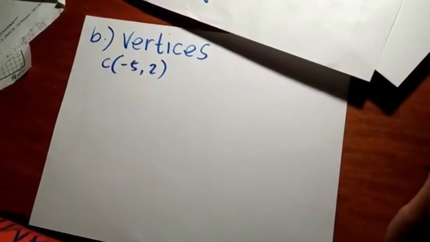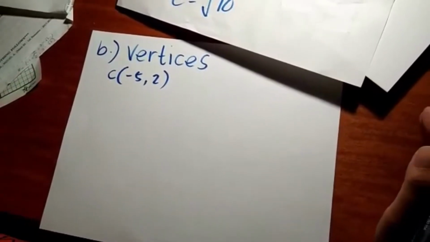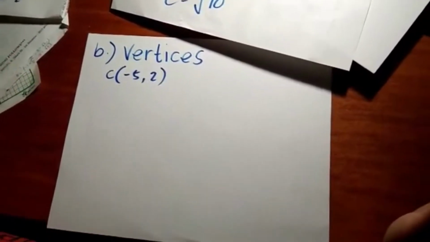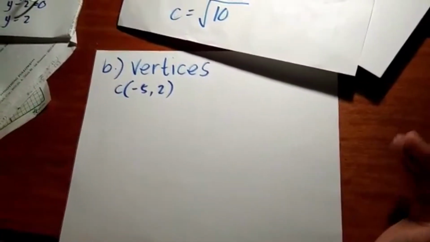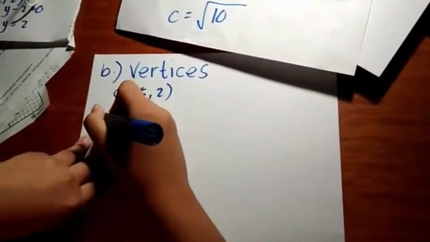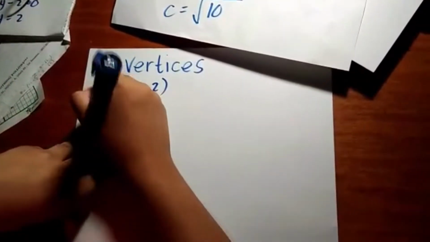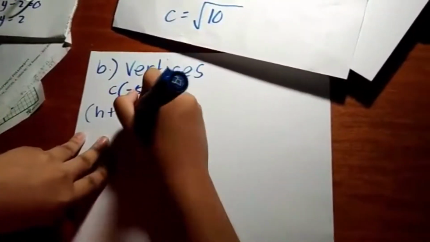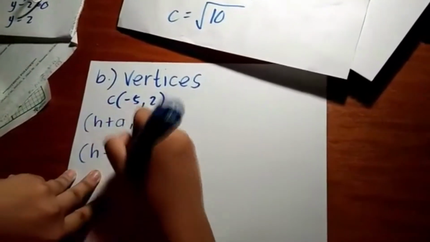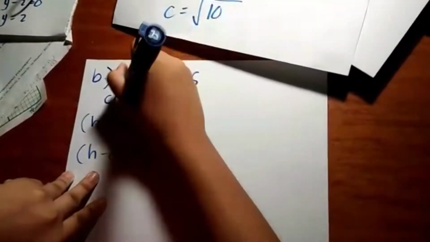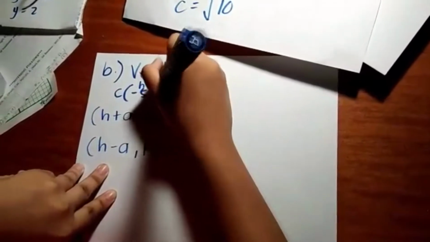Since our hyperbola is opening left and right, our vertices would be changing on the x-axis. Our formula for getting the vertices is (h plus a, k) and (h minus a, k), where our h is -5 and our k is 2.